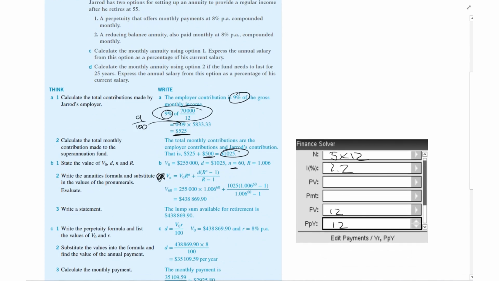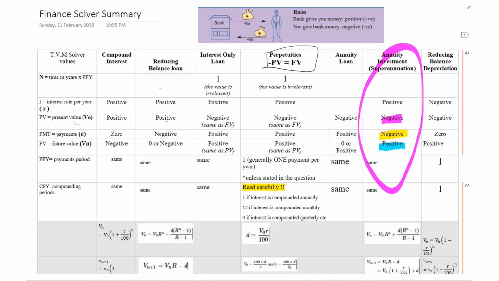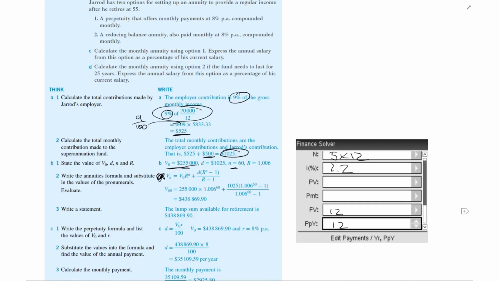Our PV, which is this one here, just to remind you, present value will have to be negative. So you'd put in negative 255, basically because you're giving this money to the bank.